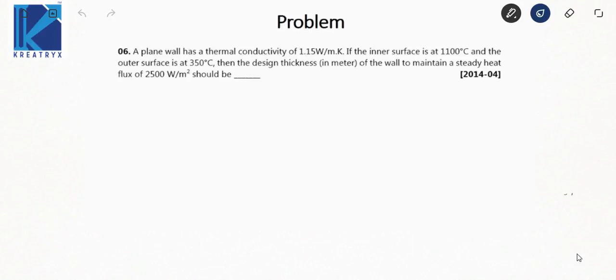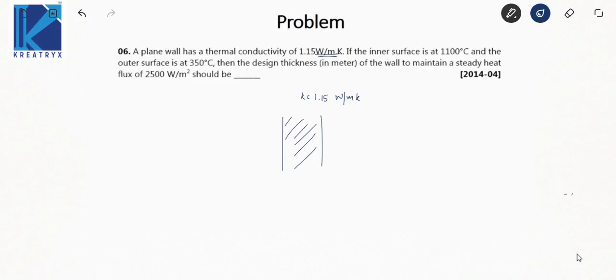The next problem is, a plain wall has a thermal conductivity of 1.15 watt per meter Kelvin. Let me draw the wall first. This is my wall. K is 1.15 watt per meter Kelvin. Always take care of the units.